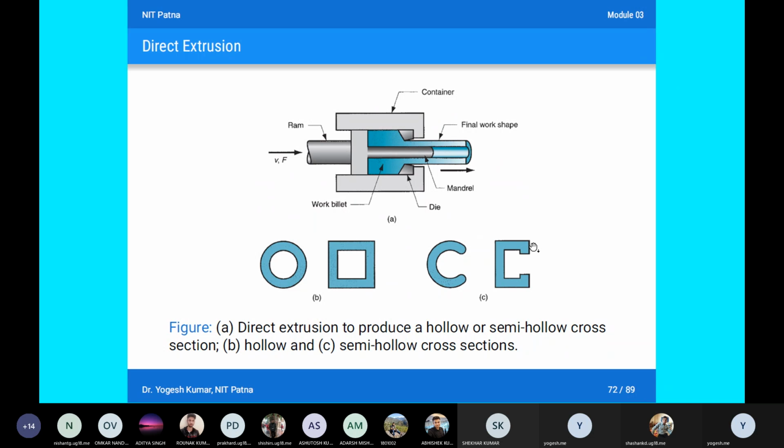Then there are different kinds of I section and L section that can be produced using direct extrusion processes. So under direct extrusion, a number of cross sections can be produced by the application of direct extrusion.